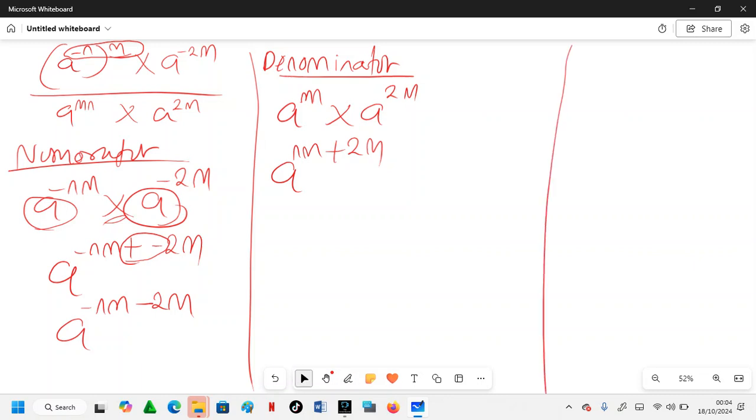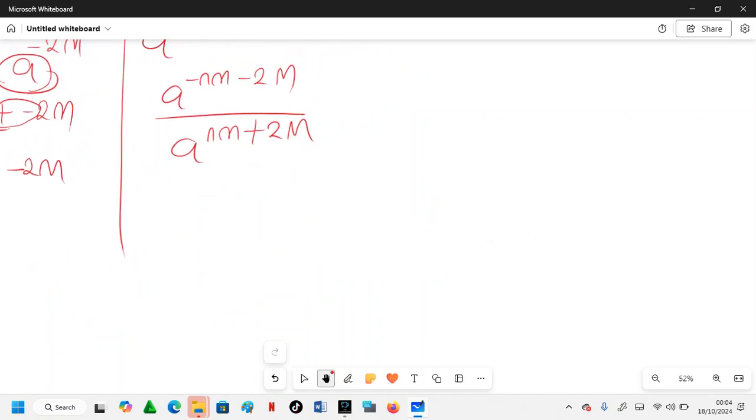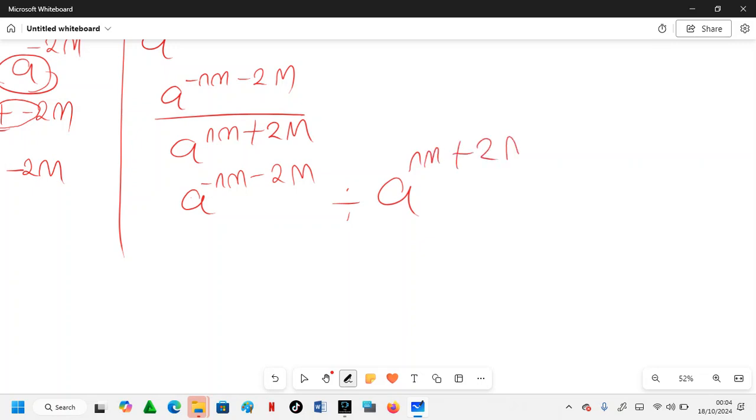Now we can combine them. Numerator and denominator. The numerator is a to power negative nm minus 2m over a to power nm plus 2m, and I'm going to say it is just a to power negative nm minus 2m, and then divided by whatever is down there, a to power nm plus 2m, which leaves us with the subtraction now because of the division on the same base, right?